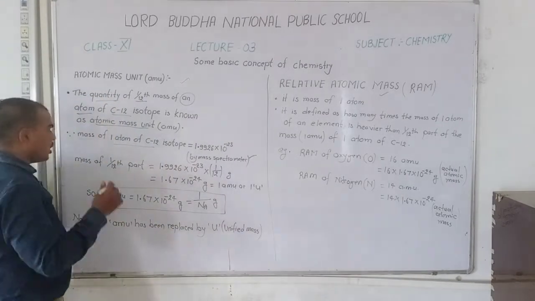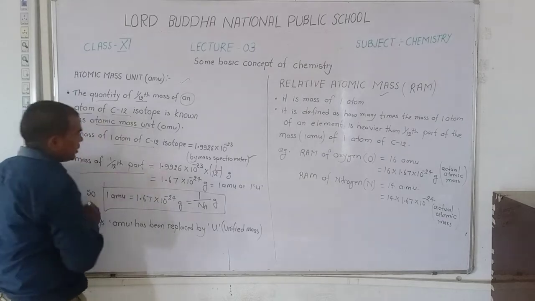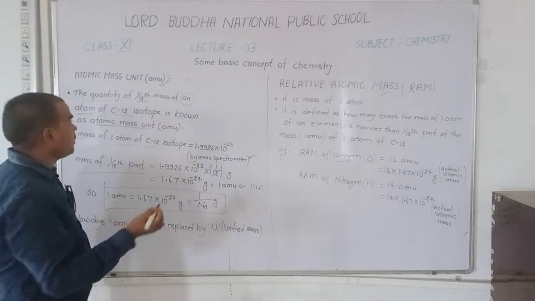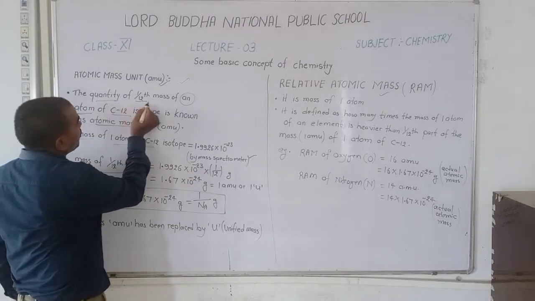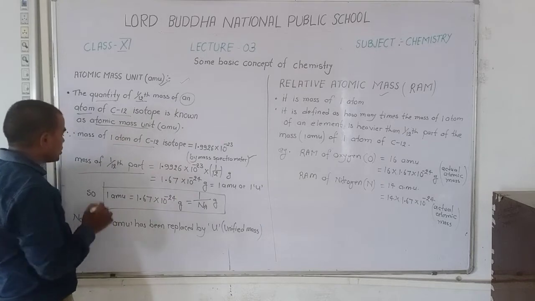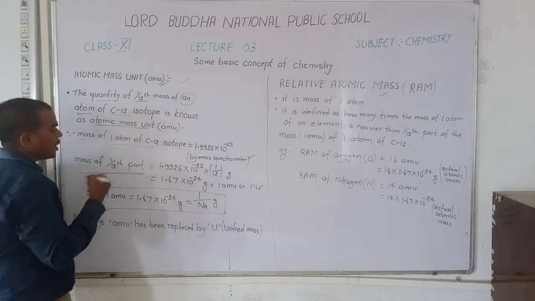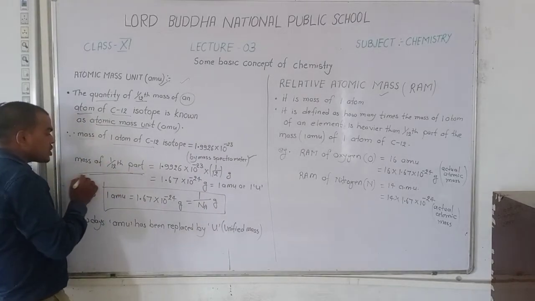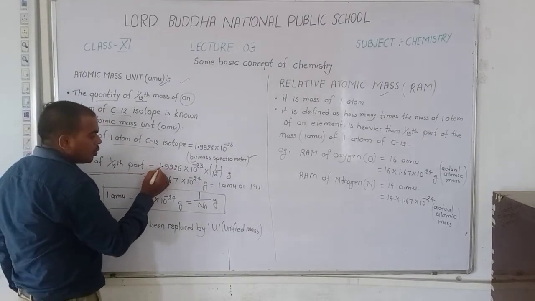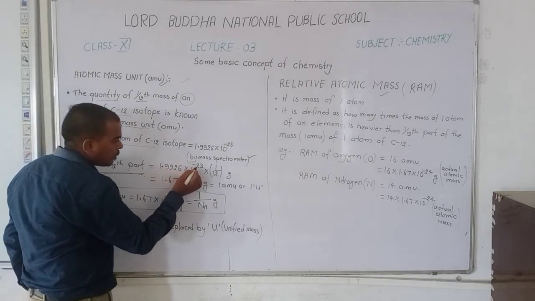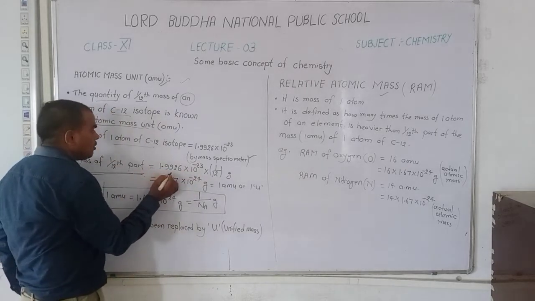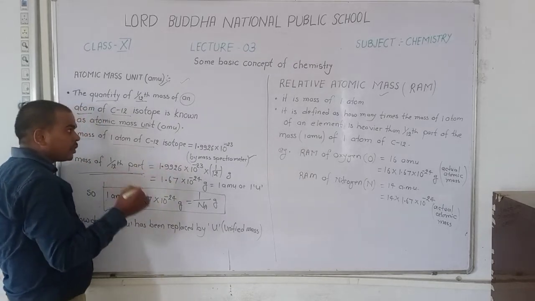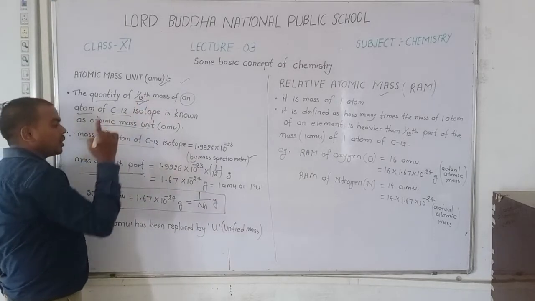Now, mass of 1/12 part, that means AMU. The definition is the quantity of 1/12 mass of a carbon atom. What is the AMU? The mass of one carbon atom is 1.9926 into 10 power minus 23, but the AMU is 1 by 12th part of one carbon atom.